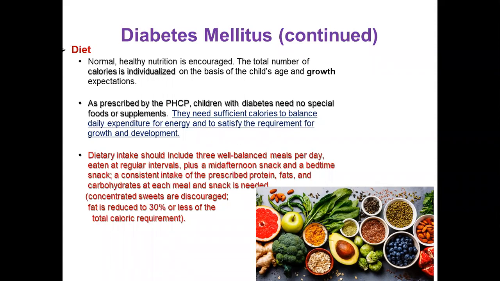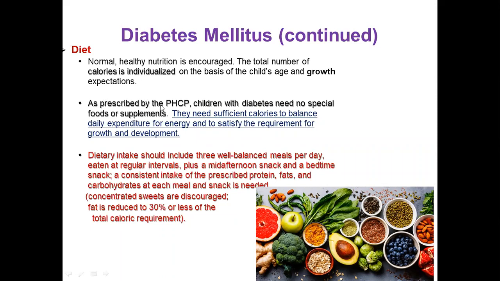Because with diabetes in children, if you do not give enough adequate food, their growth will be disturbed, even stopped. So we encourage good food and promote growth and development.